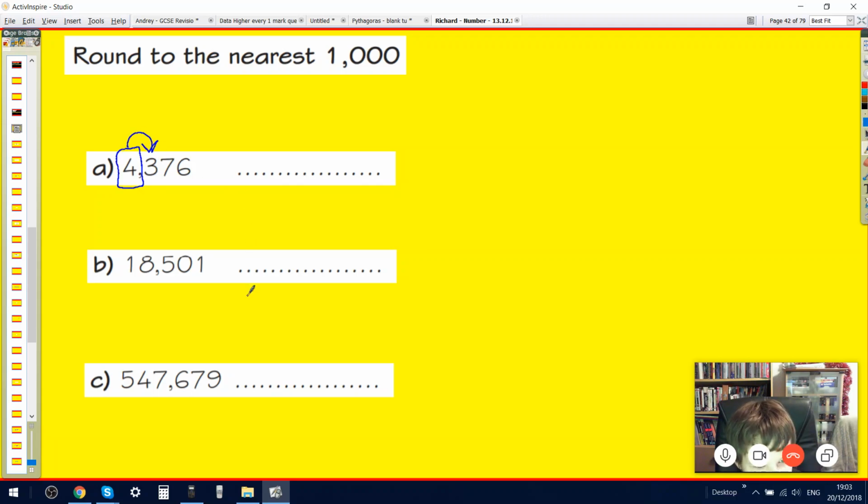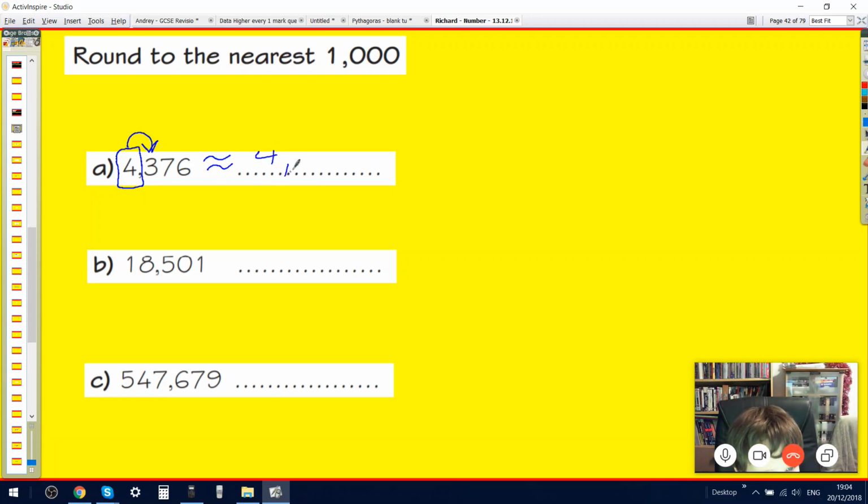It's 3, but it's actually 300, so you would round it down. And so 4,376 rounded to the nearest 1,000 is 3,000. Oh no, sorry, it's 4,000.